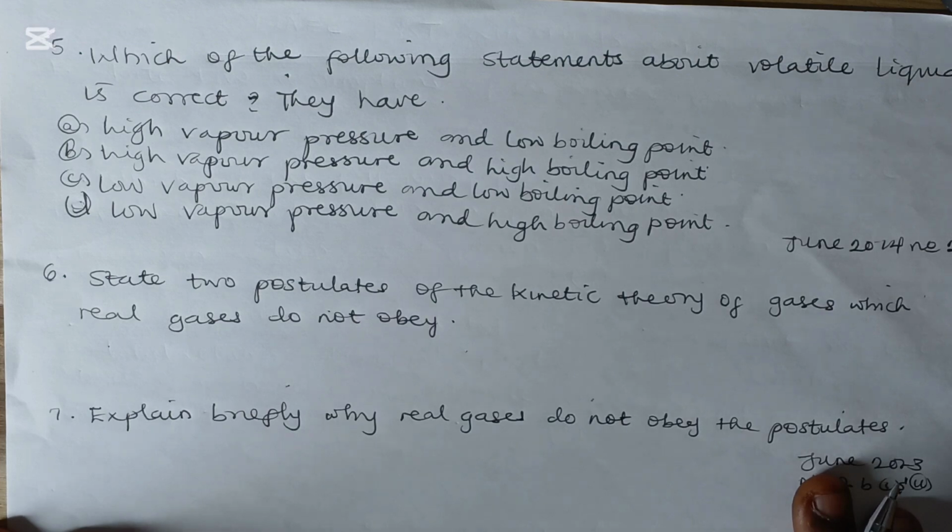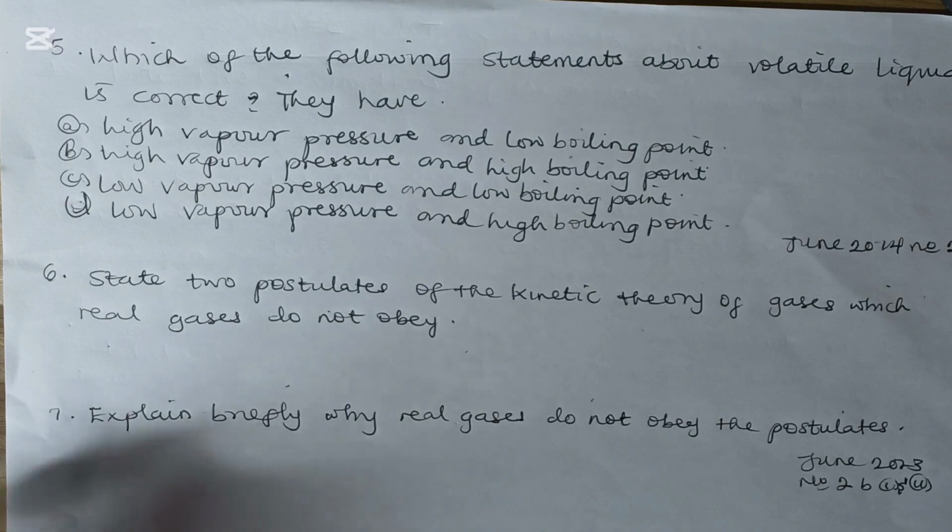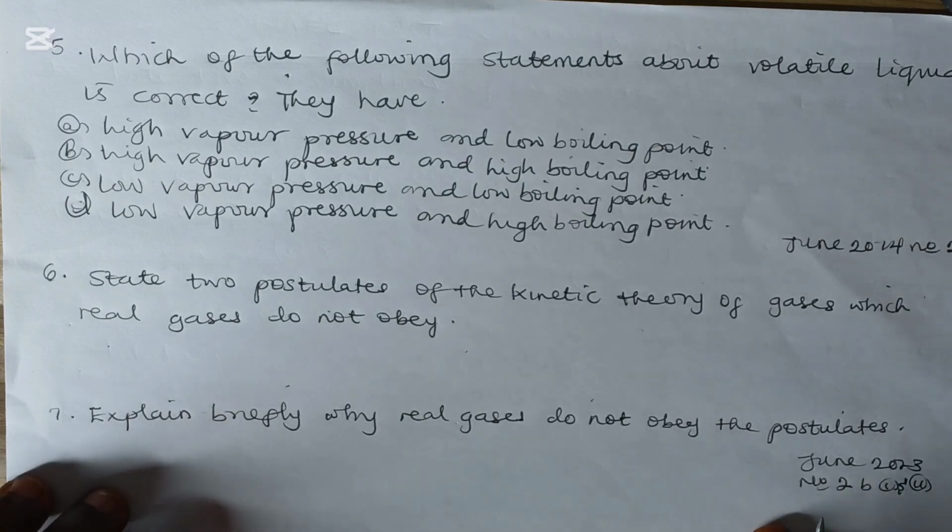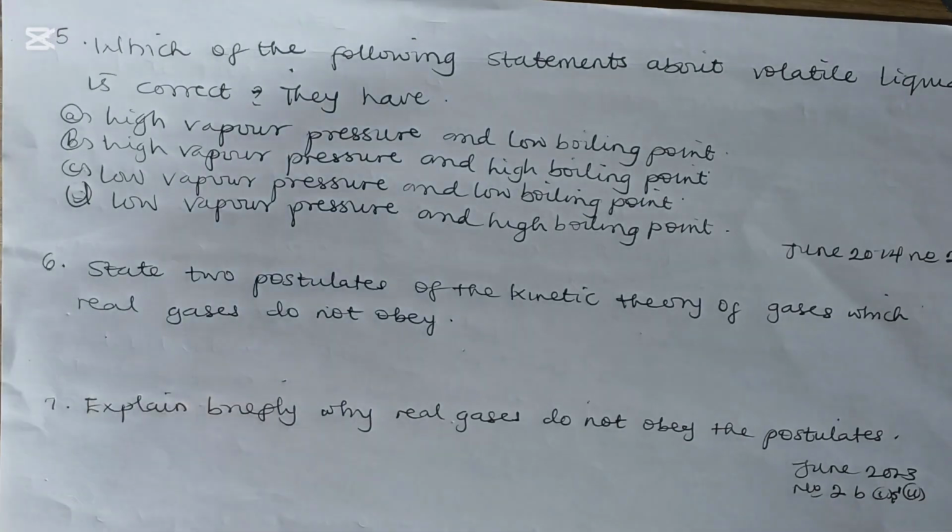So which of the following statements about volatile liquid is correct? 1, high vapor pressure and low boiling point. High vapor pressure and high boiling point. Low vapor pressure and low boiling point. Then low vapor pressure and high boiling point. I think the best answer is high vapor pressure. When the vapor pressure is increased because the particles have gained kinetic energy, they collide with themselves, generating a high vapor pressure.